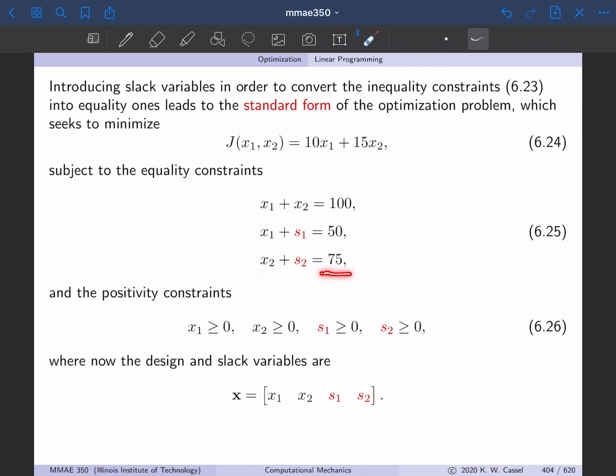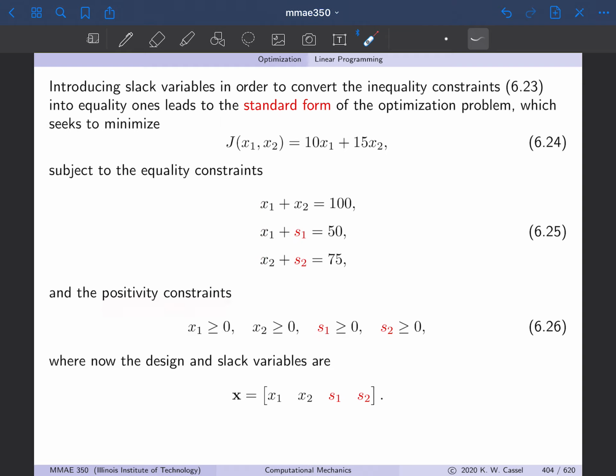Likewise, x2 had to be less than or equal to 75. So we add s2 to x2, and that takes up the slack in the x2 variable, such that x2 plus s2 is now equal to 75. So now we have 3 equality constraints, m plus s: 1 plus 2 is 3.